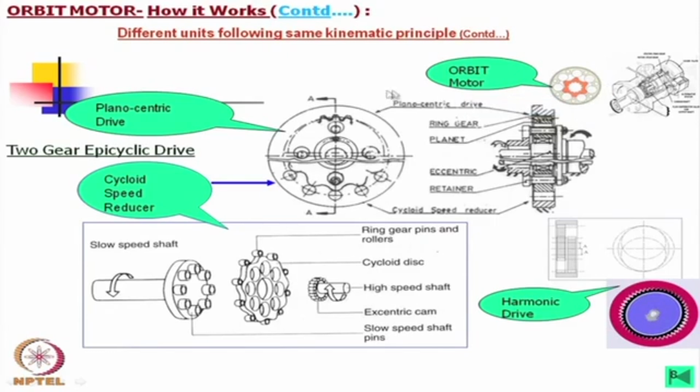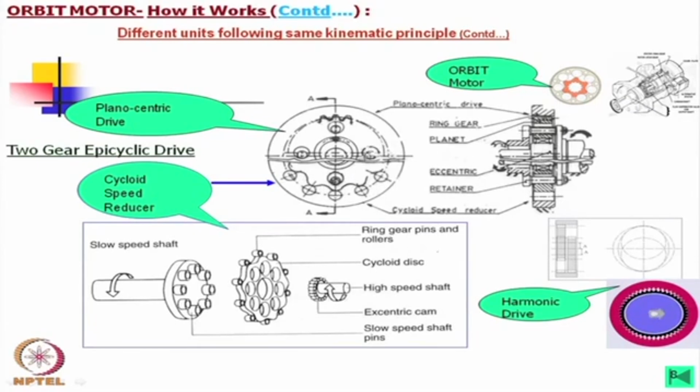Then there is another machine called the cycloid speed reducer, which also falls in the same category. Basically the cycloidal speed reducer and the orbit motor principle and tooth generation are more or less the same, only here the planet carrier is different, because the torque is transmitted through the planet carrier.